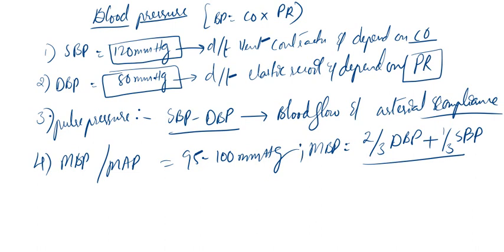Okay, mean blood pressure can be calculated by 2/3 diastolic blood pressure plus 1/3 systolic blood pressure, or you can also calculate it like diastolic blood pressure plus 1/3 pulse pressure.